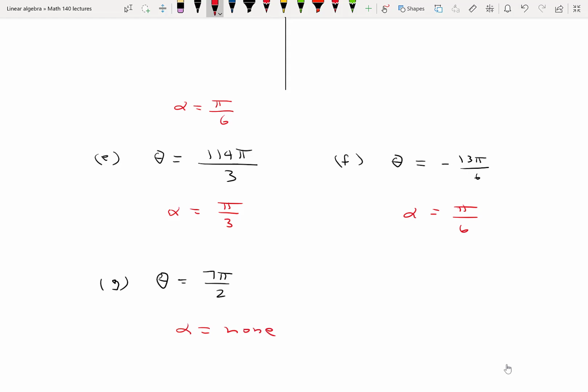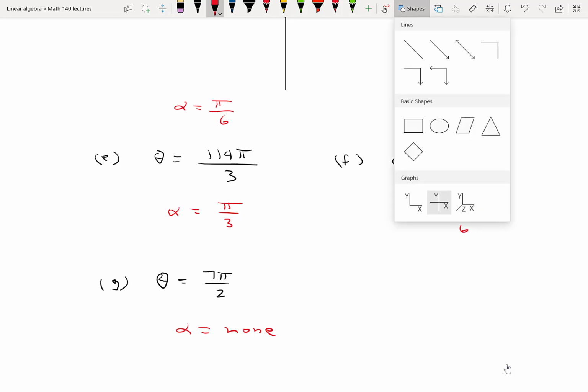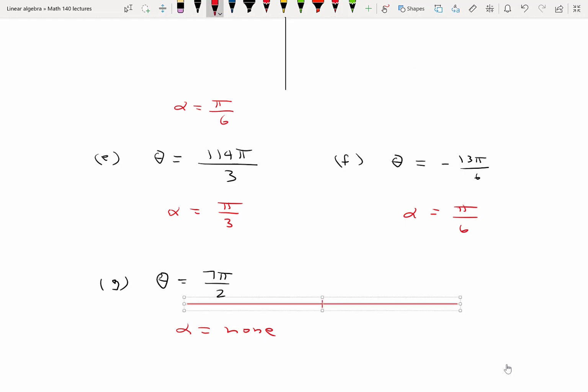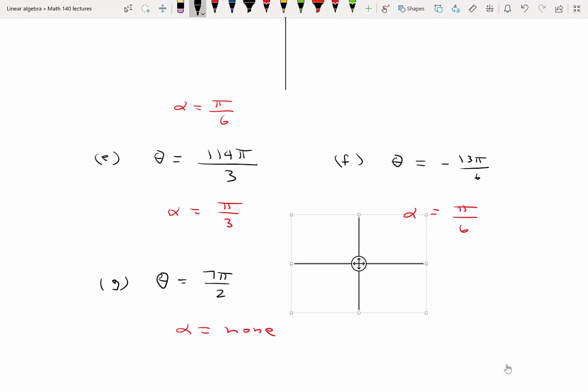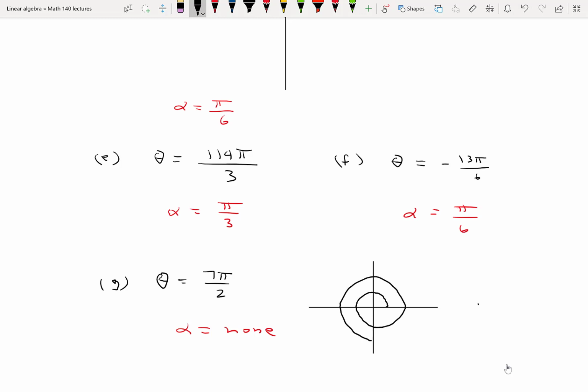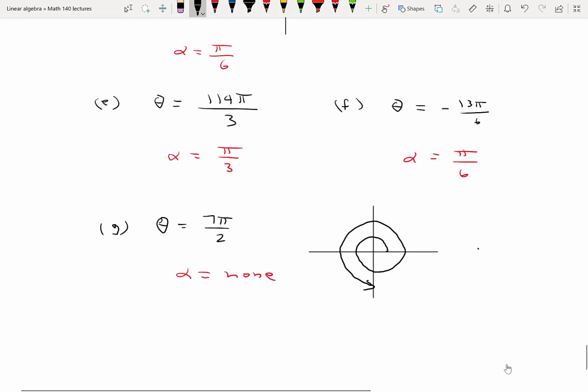Every multiple of pi over 2 is quadrantal. 1 pi over 2, 2 pi over 2, 3 pi over 2, 4 pi over 2, 5 pi over 2, 6 pi over 2, 7 pi over 2. There is no reference angle.